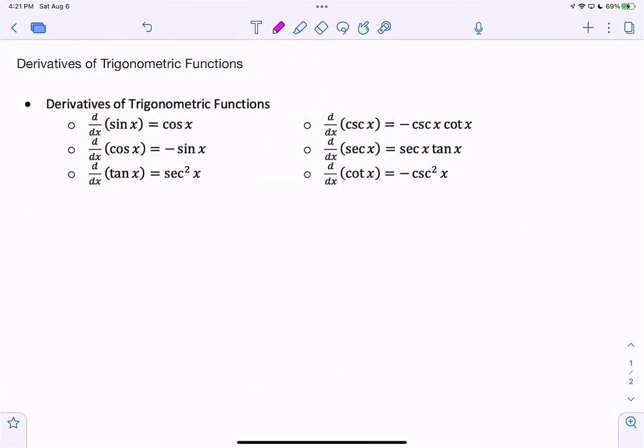This is a lot to memorize, but I'm going to try to help you out a little bit. First off, you'll notice that all of the trigonometric functions that start with a c, that is the cosine, the cosecant, and cotangent, all have minus signs in their differentiation rules. That is a really happy coincidence. Here's something else to note. The tangent and cotangent are cofunctions, and the secant and cosecant are cofunctions.